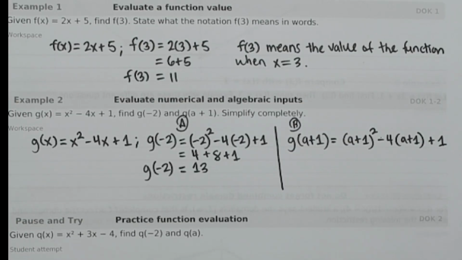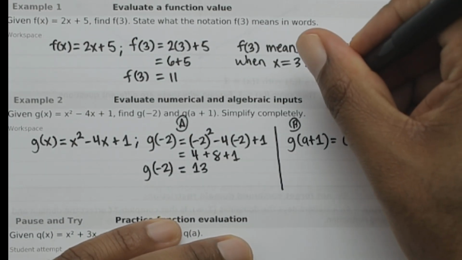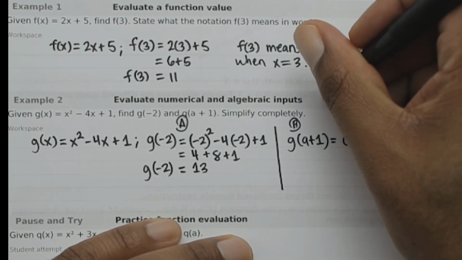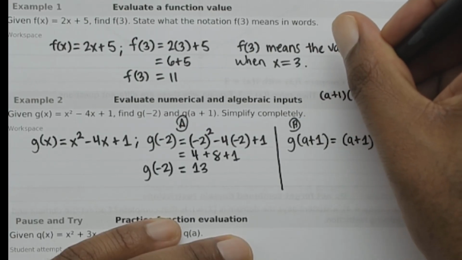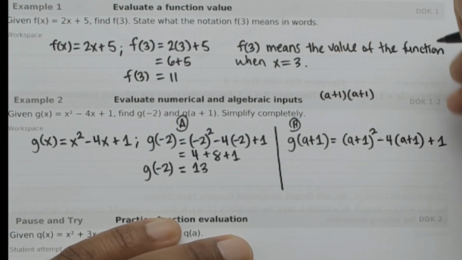So the first thing we want to do is expand and simplify. So I'm going to write up here, if we expand this, we have a plus 1 times a plus 1. And we can use the FOIL method.